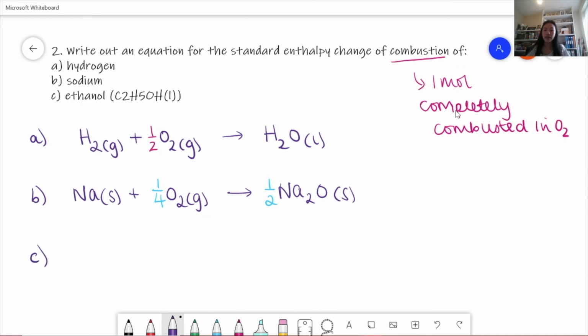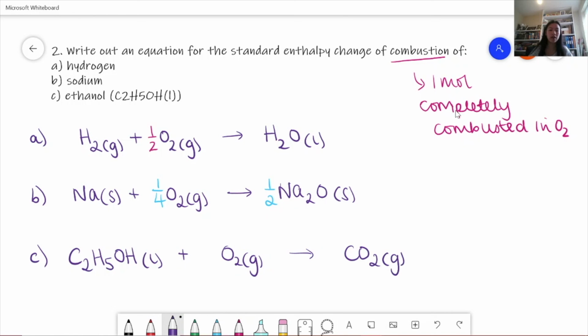And then for C, we have ethanol, so we're burning 1 mole of ethanol, which is a liquid in its standard state, with oxygen, and this forms carbon dioxide gas and water. So now we balance it again.